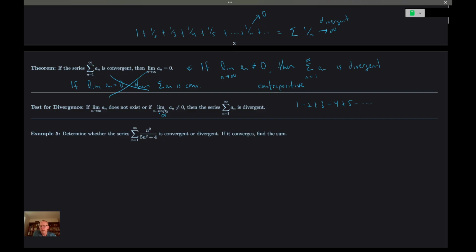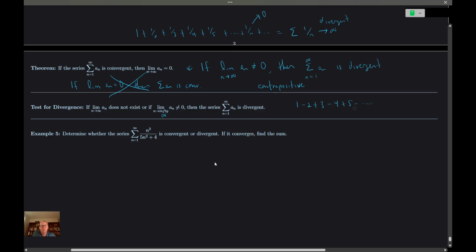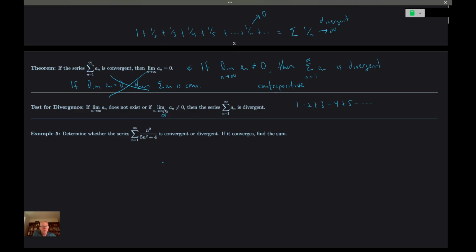The limit does not exist, because the positive terms go to infinity and the negative terms go to negative infinity. So this is going to be divergent. The other case is if the limit is not 0, which also works for any geometric series that goes to infinity.